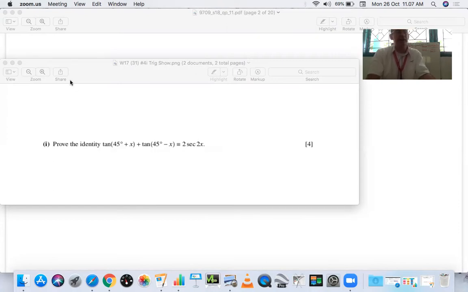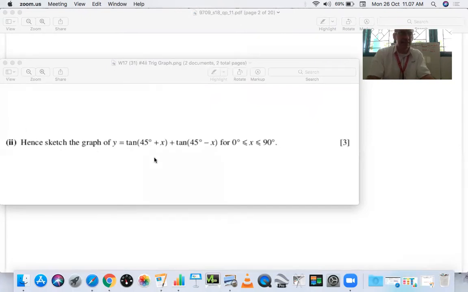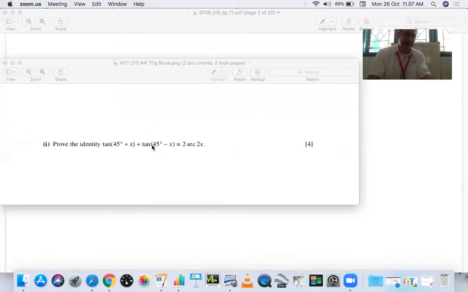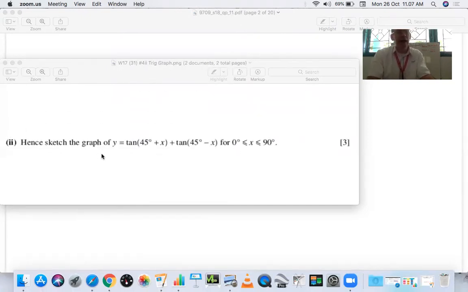So then the second part of the question says hence, meaning it's tied to this first part, graph, and it gives the tangent expression, and it has a domain from 0 to 90. So I'm going to put this 0 to 90 here, and it has the equal to on that.